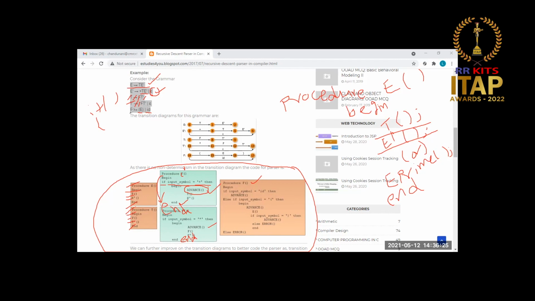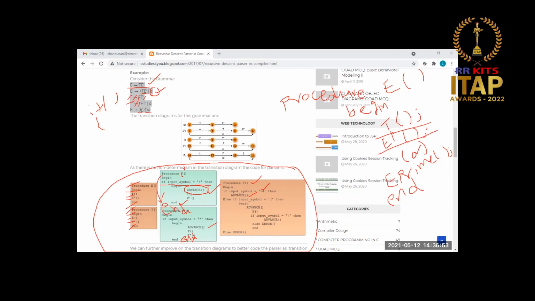Here I'm going to start with procedure F. Begin: if input symbol equal to open bracket. They have considered ID first, but you can consider open bracket also, not an issue. If input symbol equal to ID, then advance. That is the end of that production. Else if input symbol equal to open bracket, then begin advance.